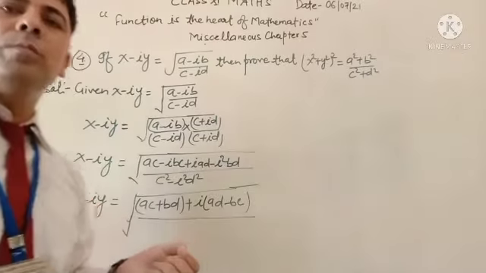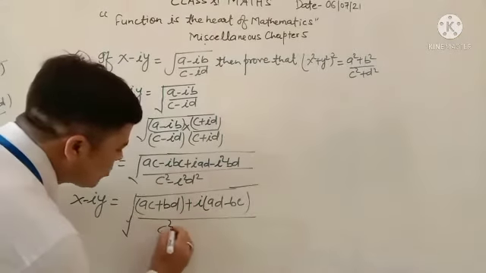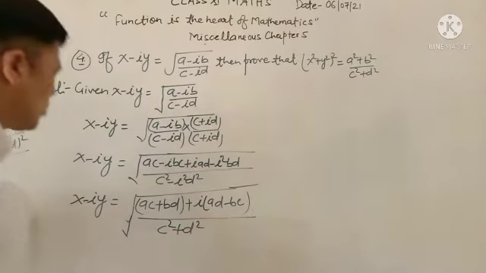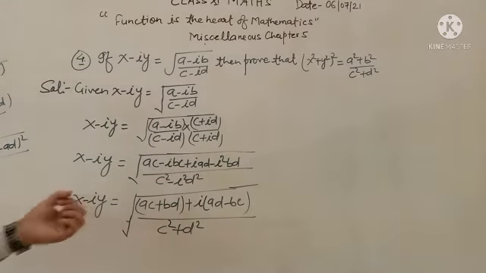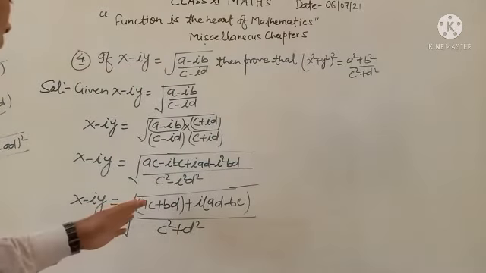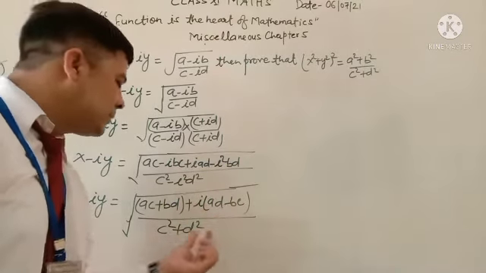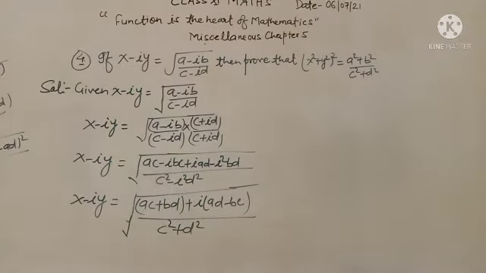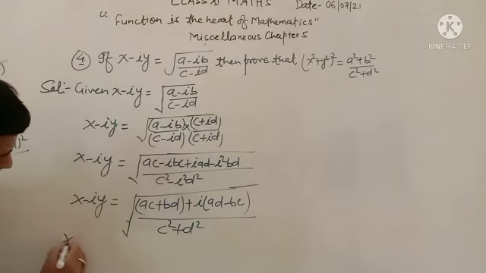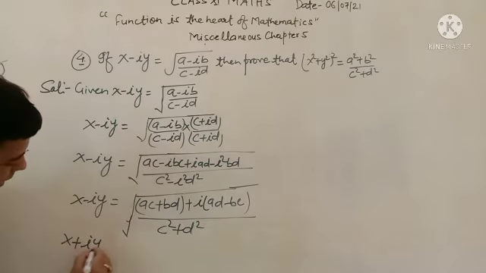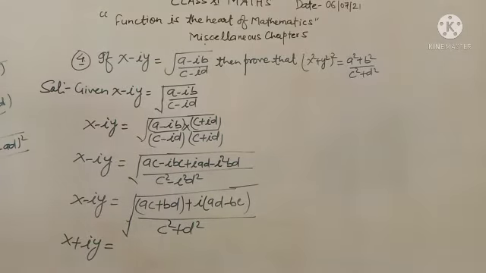I square gives you minus 1, so it is c square plus d square. The value of x minus iy is equal to (ac plus bd plus i(ad minus bc)) upon (c square plus d square).